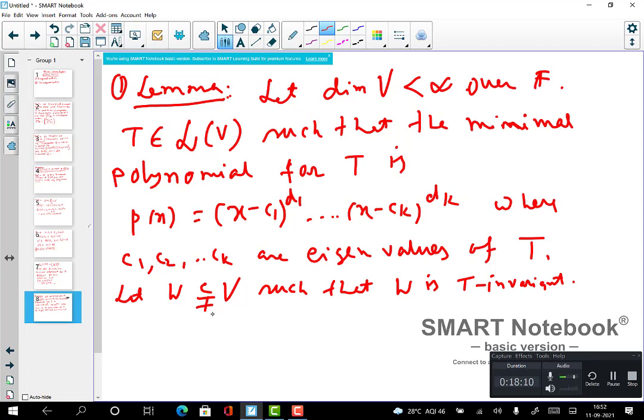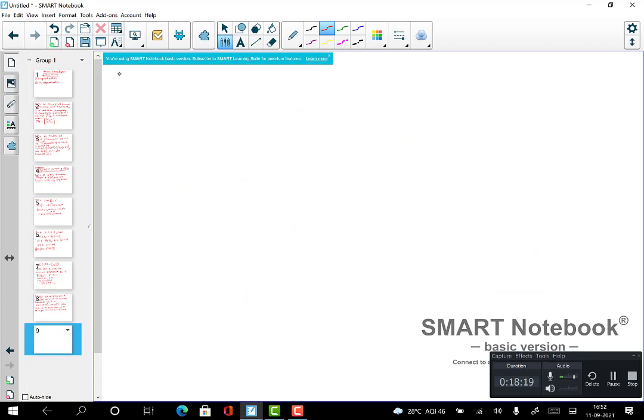Okay, so V itself is a T-invariant subspace, but you need W to be a proper subspace of V, right? Then what happens with this condition?